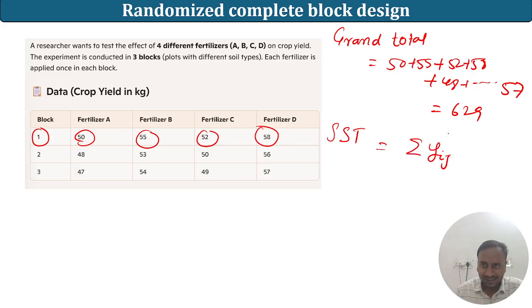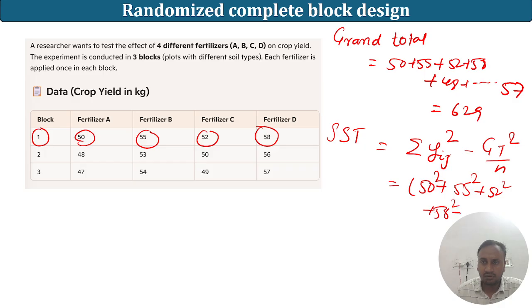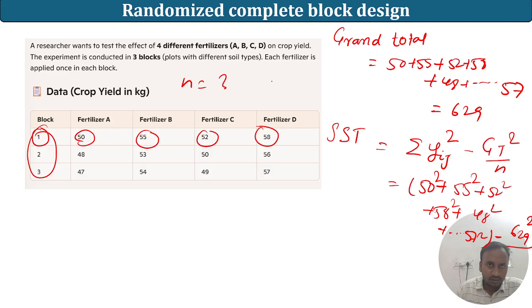Summation of Yij square minus GT square by N. It means you have to calculate 50 square plus 55 square plus 52 square plus 58 square plus 48 square till 57 square, minus 629 square by N. How much do we have for N? Three blocks and four fertilizers, so N will become 3 into 4, 12. So SST, some value will come.